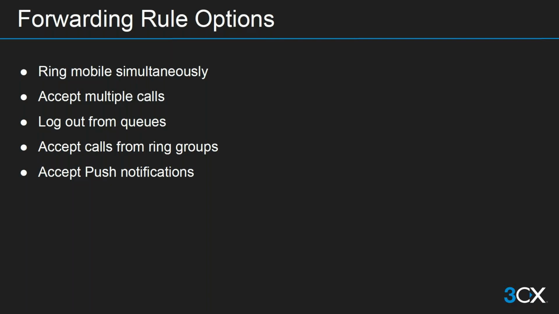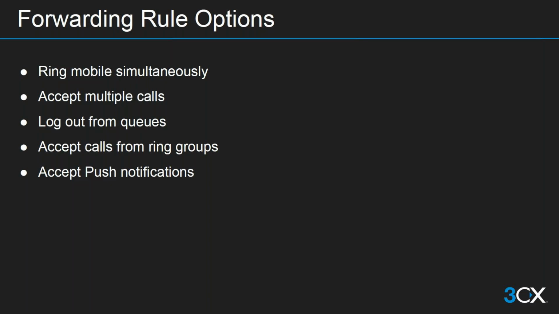Then we also have the option to accept calls from ring groups. Let's say someone answers a call in a queue and then tries to forward the call to you, so that the call is literally ending up on your end.